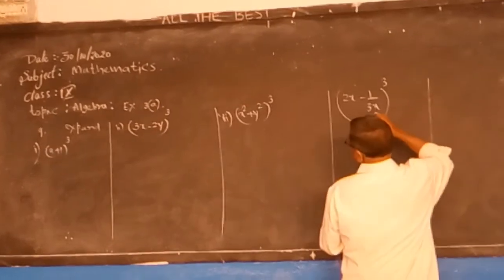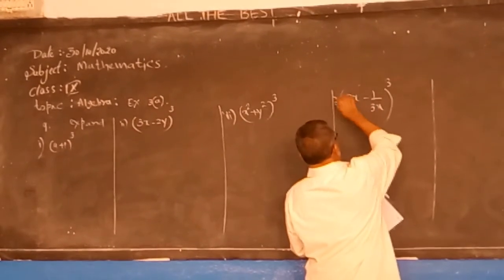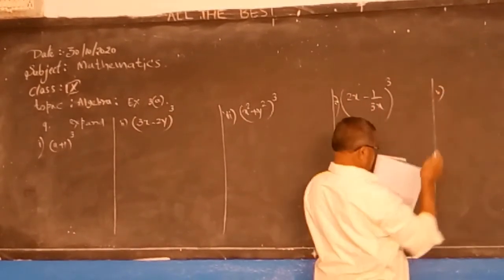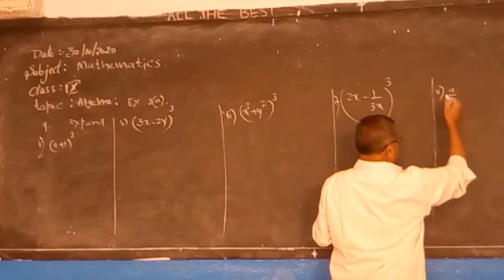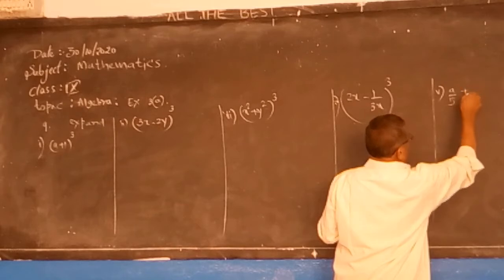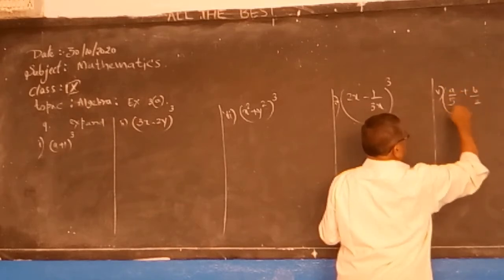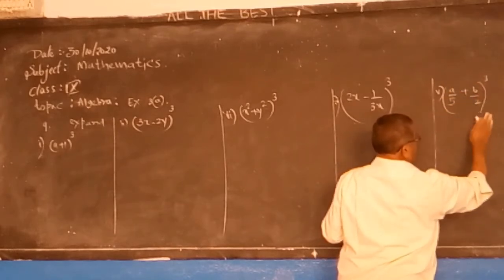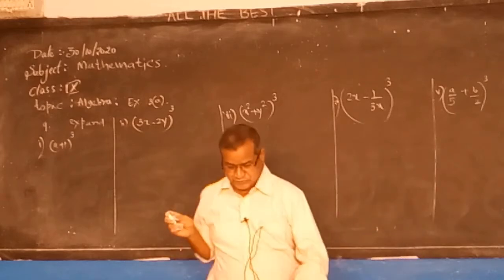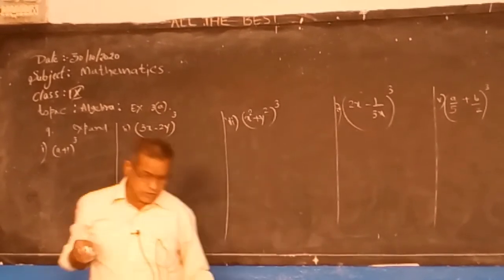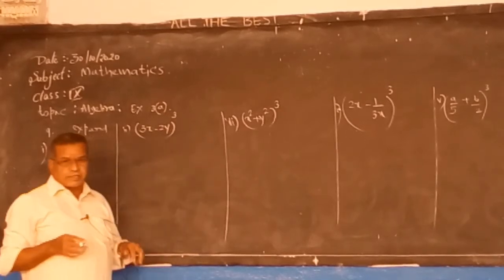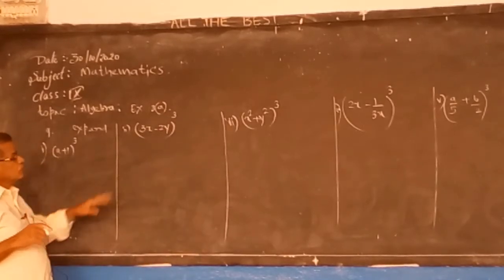Fifth, a by 5 plus b by 2 whole cube. We have to expand by applying the formula a plus b whole cube.